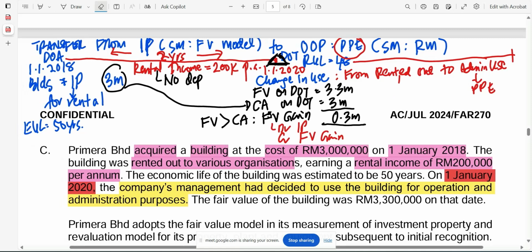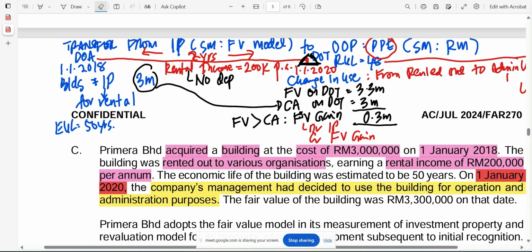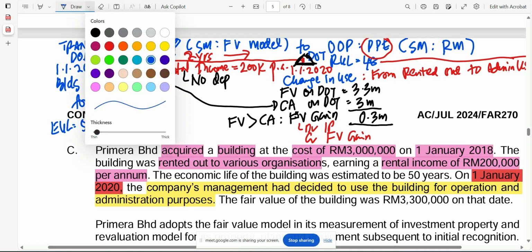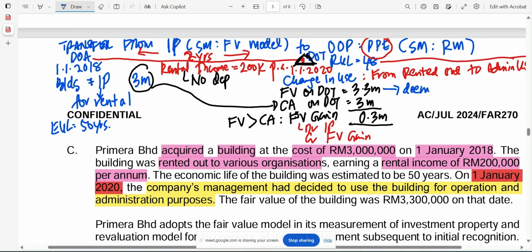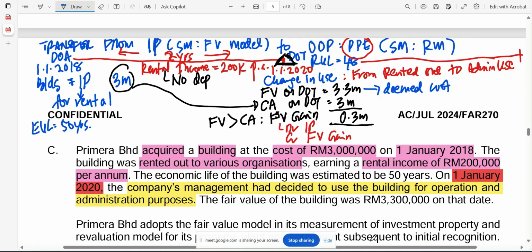Under MFRS 140, the fair value on the day of transfer, which is 3.3 million, will be the cost, or the deemed cost, of the PPE. Because remember, starting from 1st of January 2020, it is no longer an IP, it will be PPE. So it will become a PPE building.